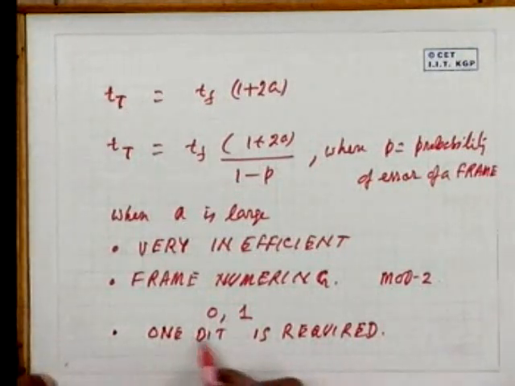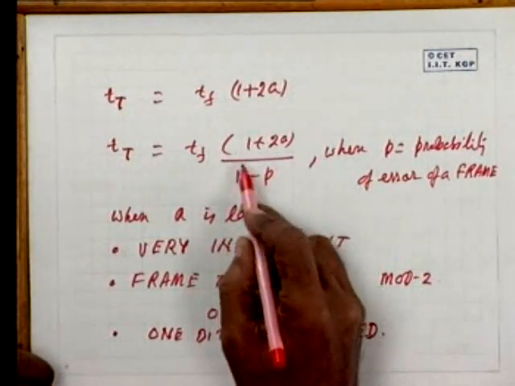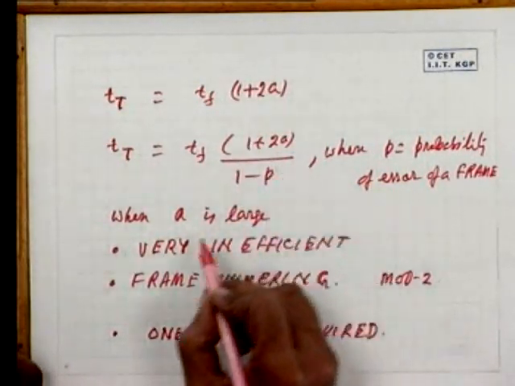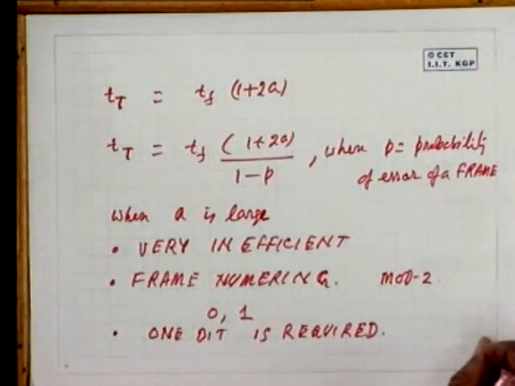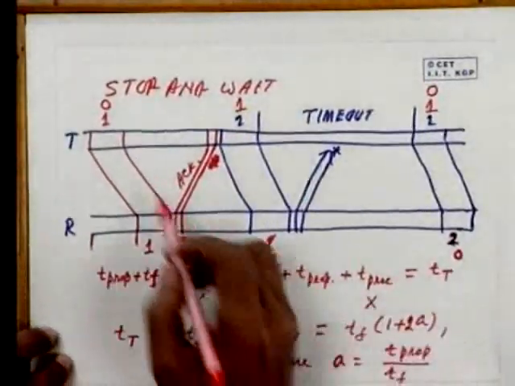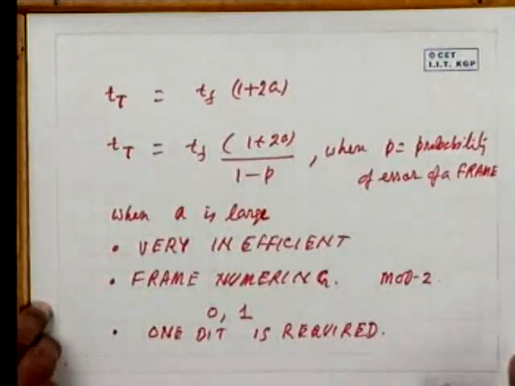So that way it is quite efficient, but it is very inefficient from the viewpoint of time required, because whenever the delay is large, there is a long waiting time after which another frame can be sent. So how is this overcome in go back N ARQ? Let us see.